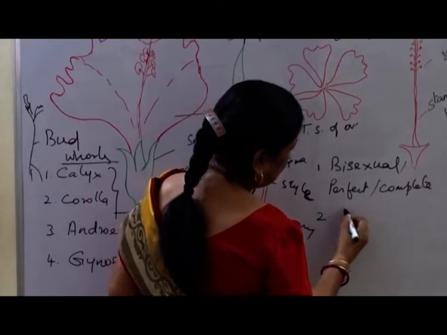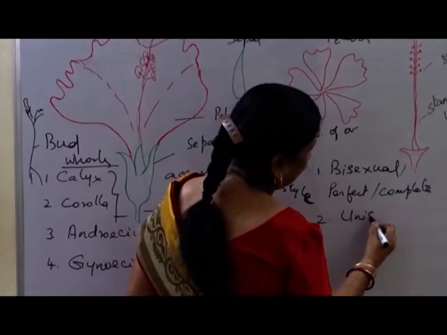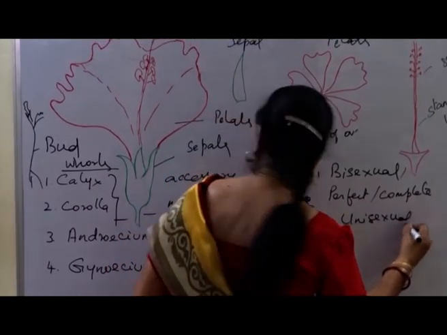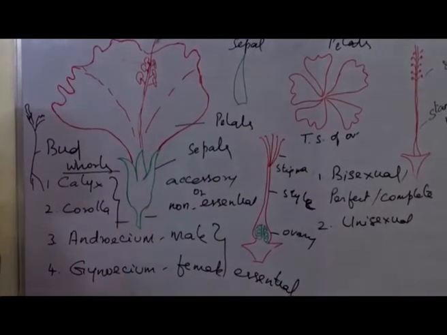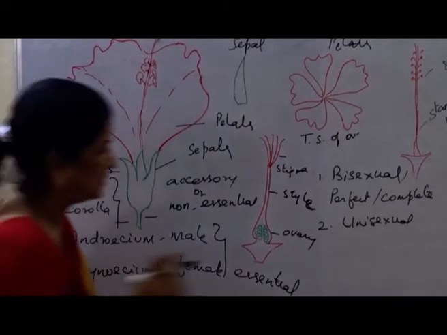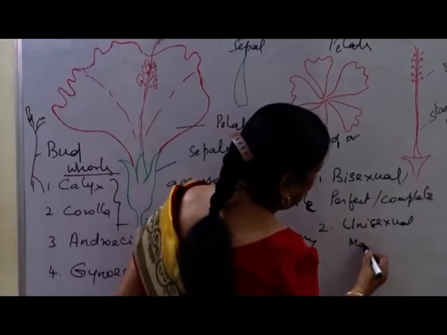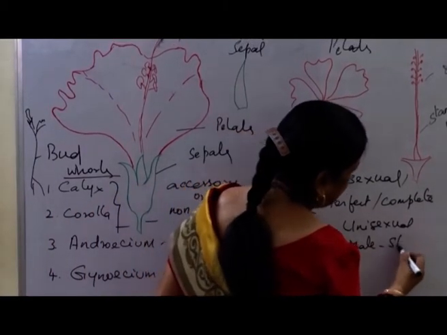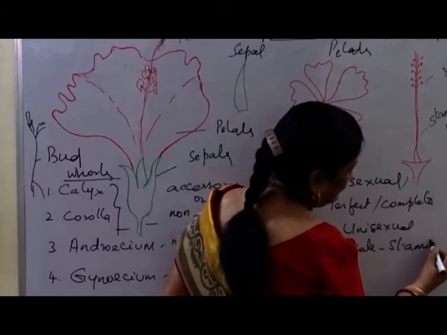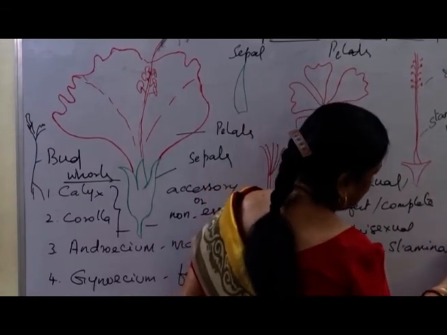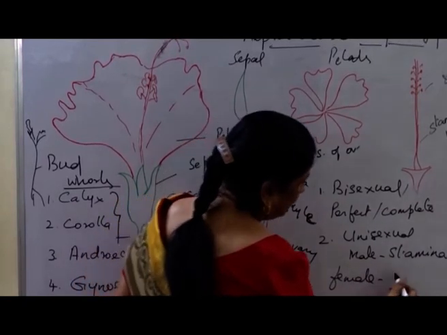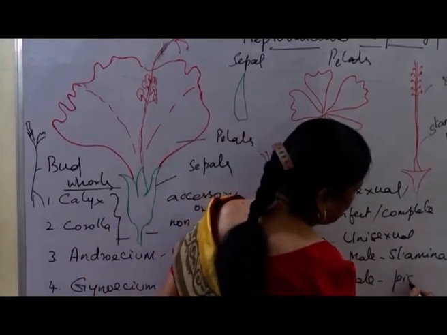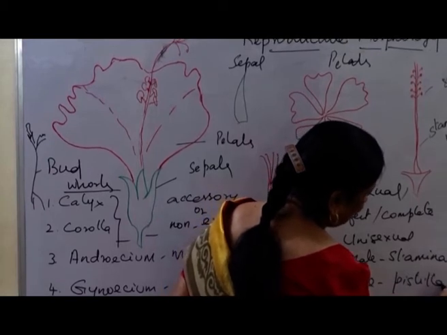Another one is unisexual, where either androecium or gynoecium alone will be present. If androecium alone is present, then it is said to be a male flower or staminate flower. When it is female, it is said to be a pistillate flower.